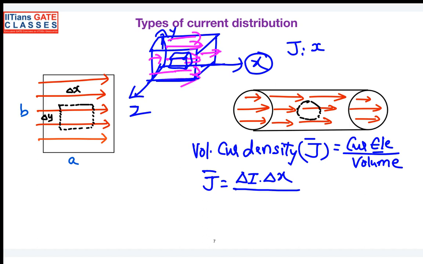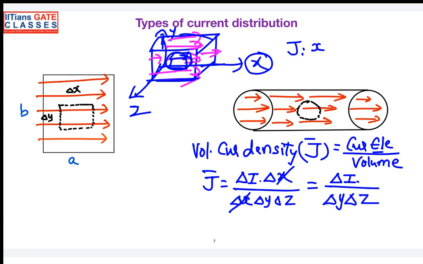So delta I into delta x divided by the volume of this entire cuboid, that will be delta x delta y delta z. So your delta x gets cancelled, and that will be delta I divided by delta y into delta z. If you see the unit of volumetric current density, this will be ampere per meter into meter, so you can say ampere per meter square.